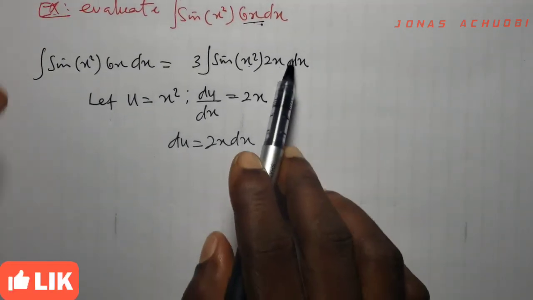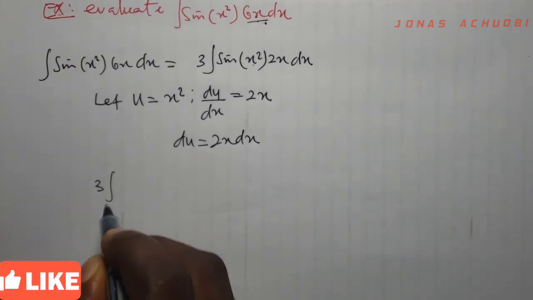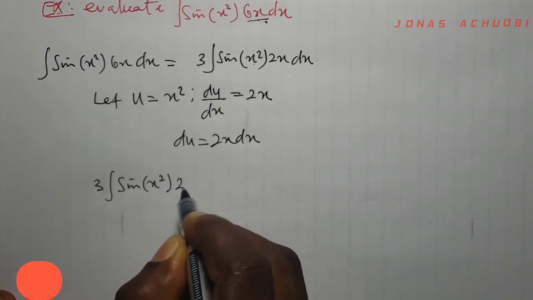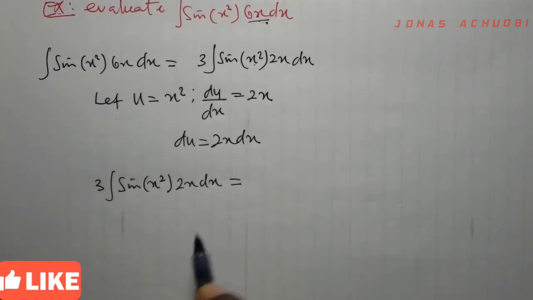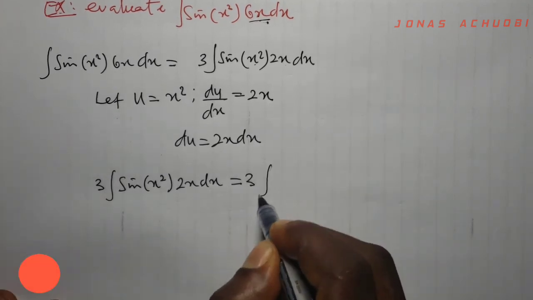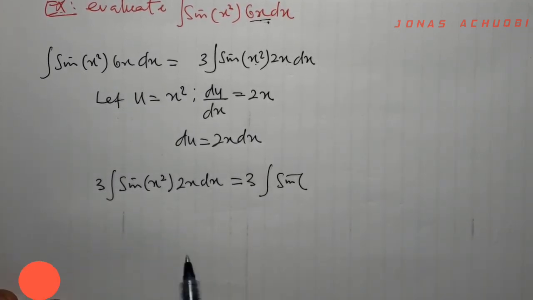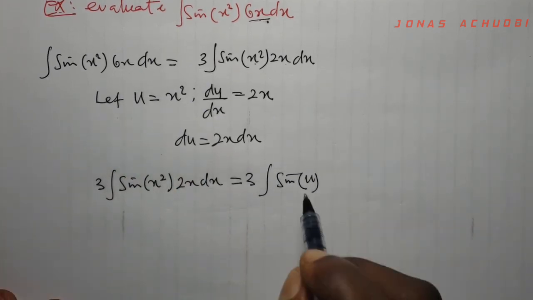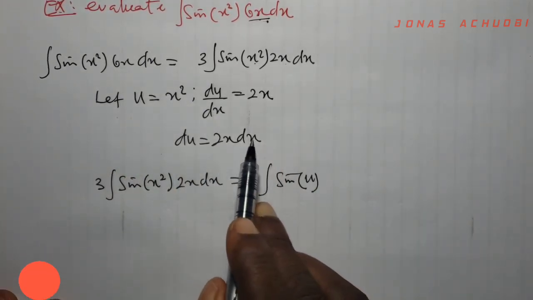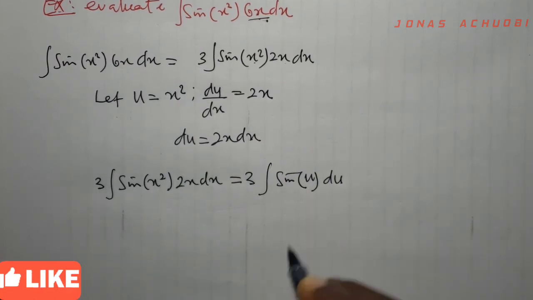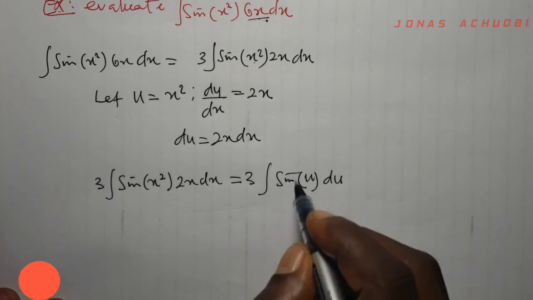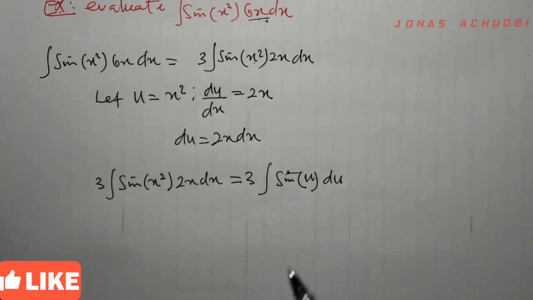So my integral now, which is 3 times the integral of sine x squared 2x dx, now becomes 3 times the integral of sine, what is my x squared? My x squared is u, sine u 2x dx. My 2x dx is now du. So I now have 3 times the integral of sine u du to evaluate, which is a lot easier than the original integral.